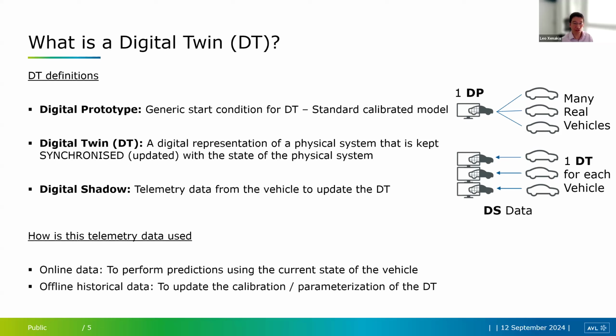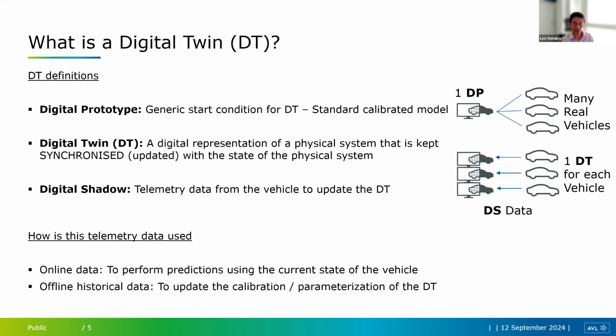This is done in 2 ways. I like to split it into online and what I call offline data. The online data is data that's sent from the vehicle. You can think of it as the time-based data that's coming into your models. It's used to simulate what is essentially happening in the near future on the vehicles.